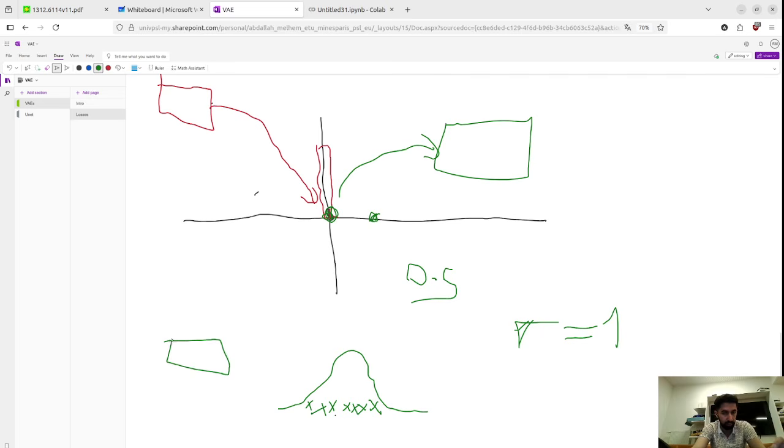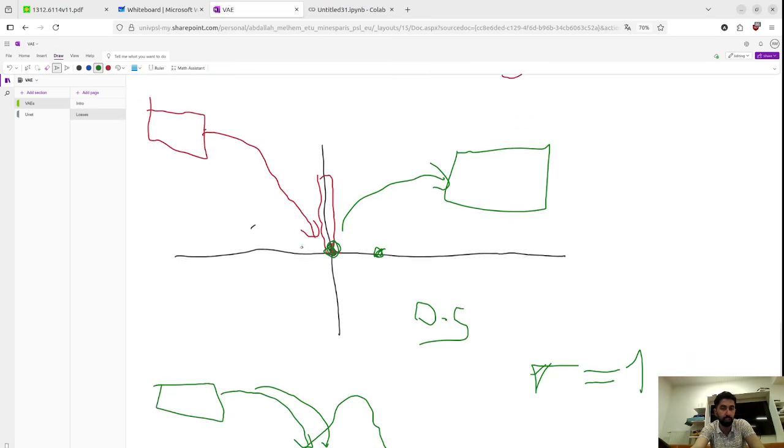The encoder would map the training data set, but there will be very small gaps in between. So the decoder wouldn't be memorizing, and at the same time it wouldn't be too scattered. And when it's too scattered and we have big gaps, we would have bad generations.